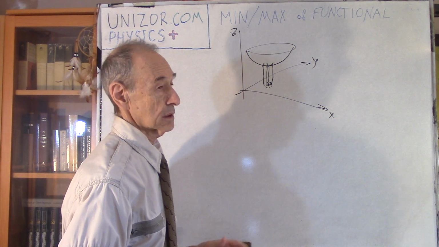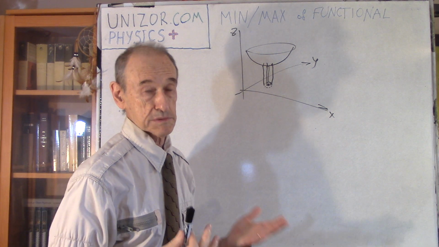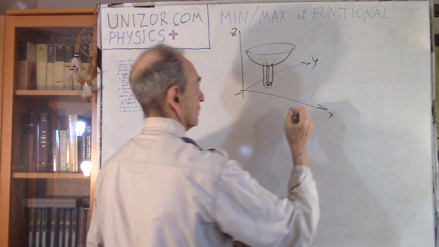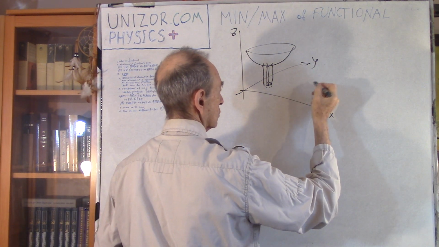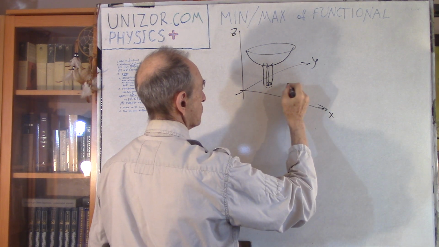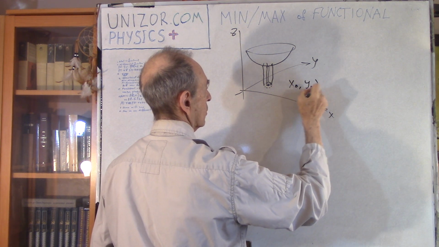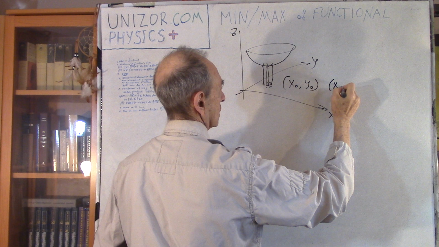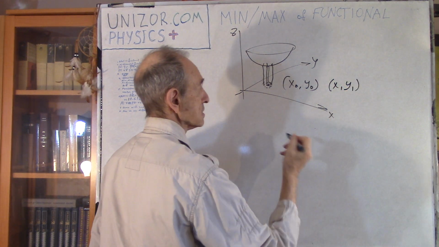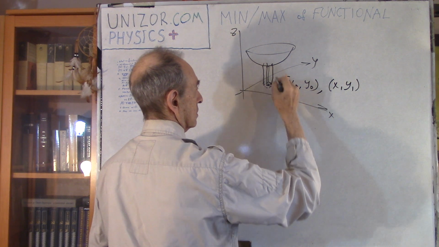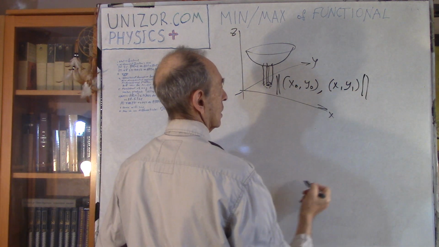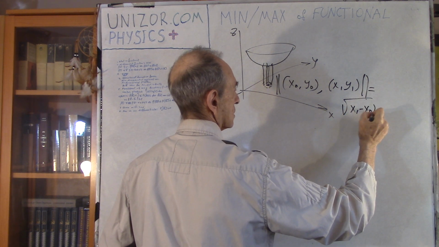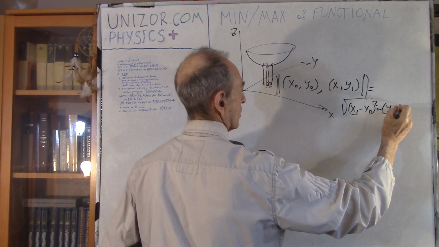Well, in n-dimensional Cartesian space, there is a concept of distance, right? If you have two different points, let's say in this case point x0, y0, and we take any other point not very far from it, there is a concept of distance between them. What is the distance? Well, the distance is defined as the square root of (x1 minus x0) squared plus (y1 minus y0) squared.